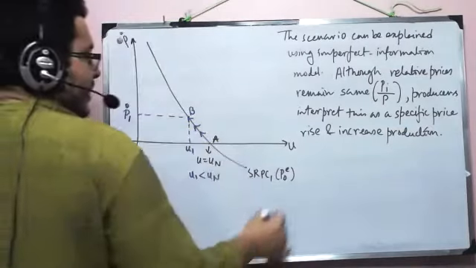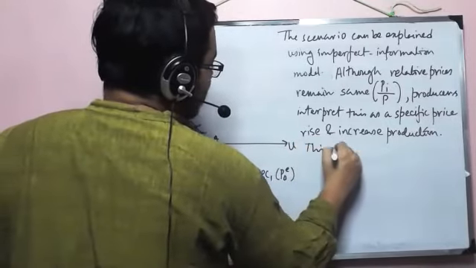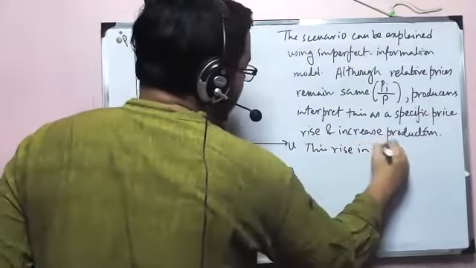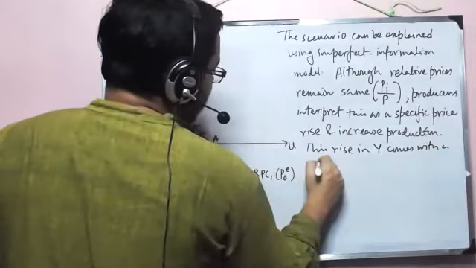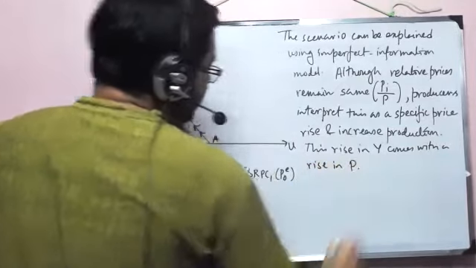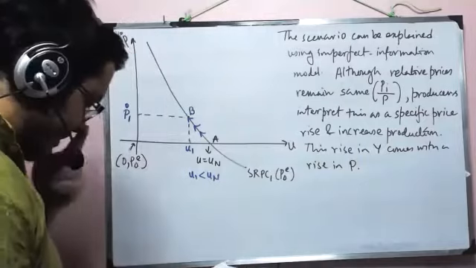So as we saw, this rise in Y comes with a rise in P. It is natural because now we are moving along SRAS, right?